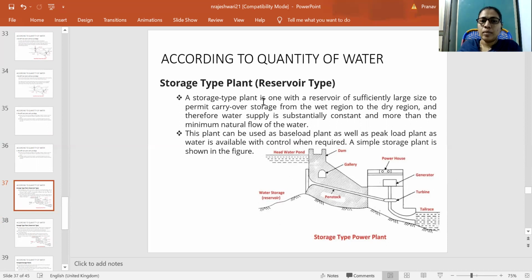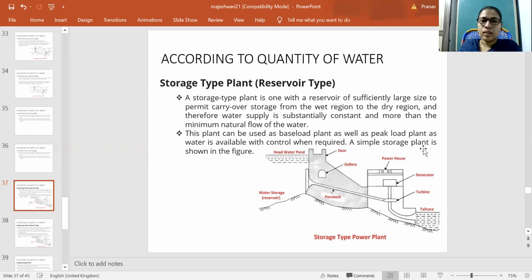A storage type of plant is one with a reservoir of sufficiently large size to permit carry over storage from the wet region to the dry region, and therefore water supply is substantially constant and more than the minimum natural flow of water. This plant can be used as base load plant as well as peak load plant, as water is available with control when it is required.